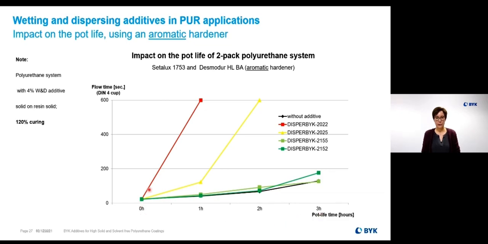And here we see with the Dispabyk 2022 that we have a very short pot life. With the Dispabyk 2025, it is also increasing very fast. And with 2155 and 2152, which have the amine encapsulated, we do not see a big influence. Therefore, we always recommend to check if our wetting and dispersing additives may have an influence on the pot life.